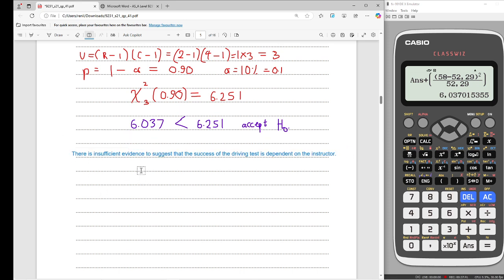So there is insufficient evidence to suggest that the success of the driving test is dependent on the instructor. So this right here is the answer, the final conclusion.